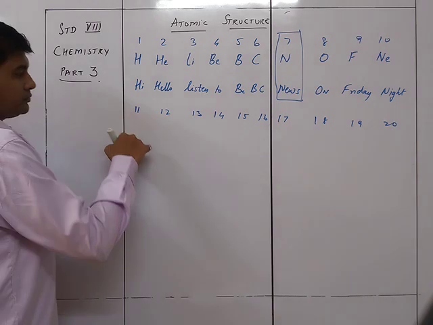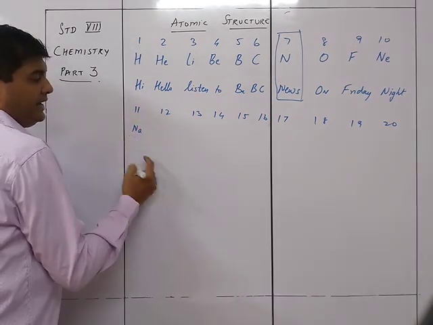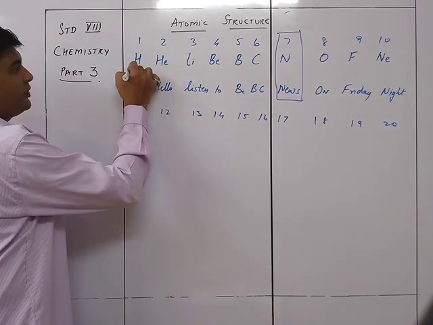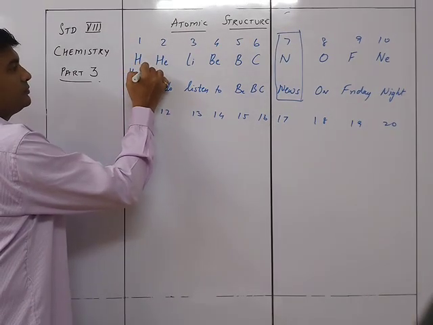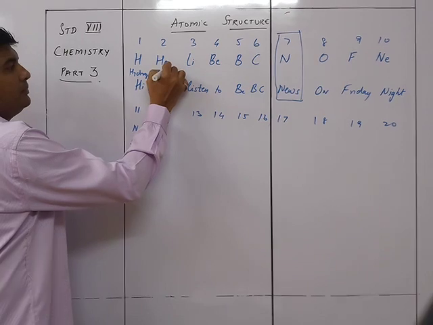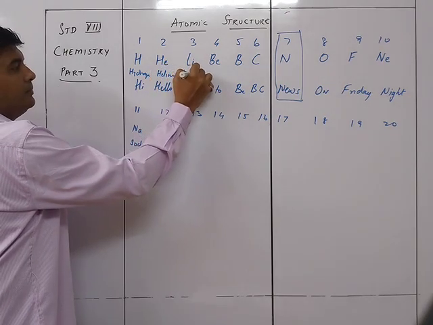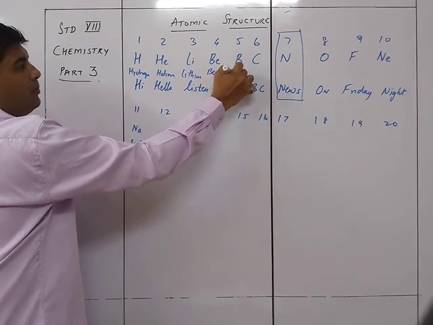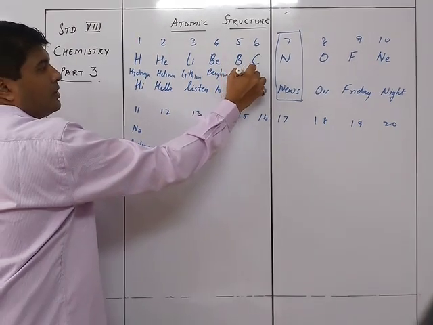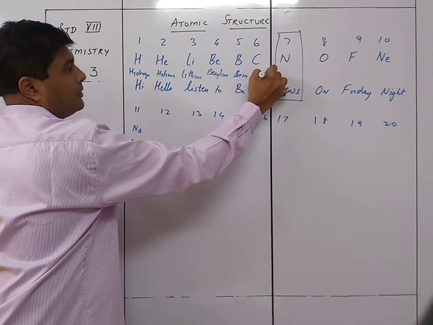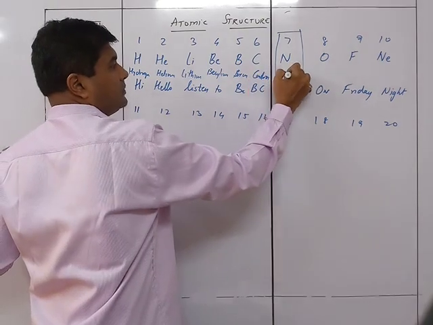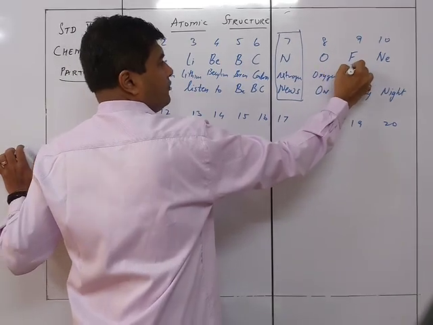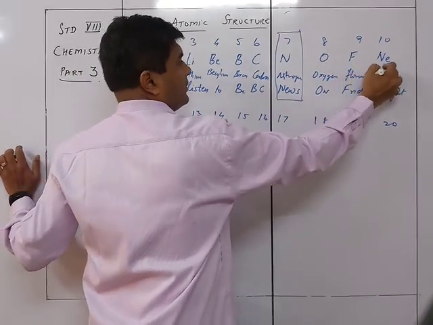They are Na, sodium. This is hydrogen, helium, lithium, beryllium, boron, carbon, nitrogen, oxygen, fluorine, neon.